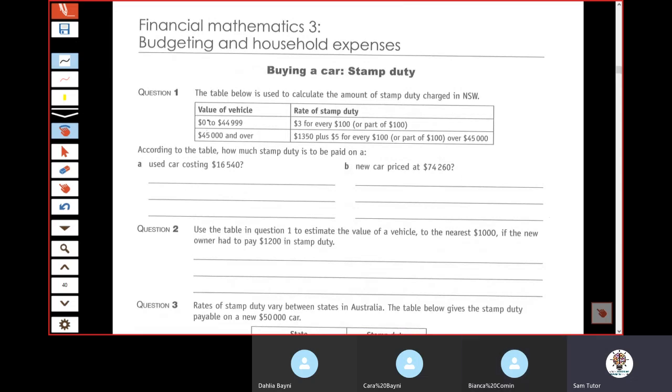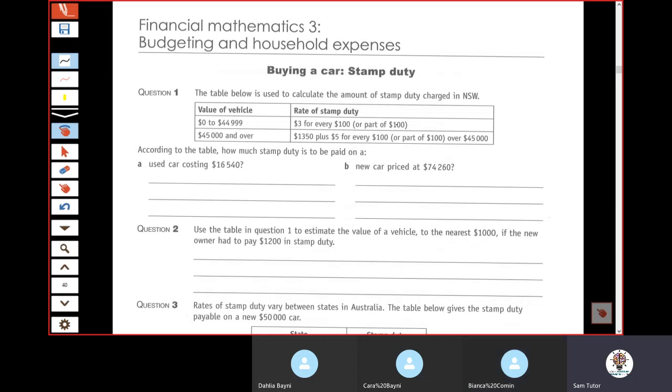If your car is valued between 0 to 44,999, you pay $3 for every $100 or part of $100. So if it's $120, you still pay for the next $100, so you pay for $200.